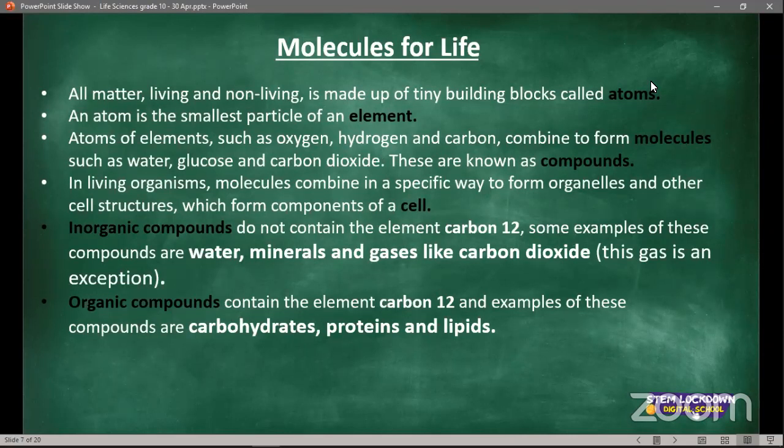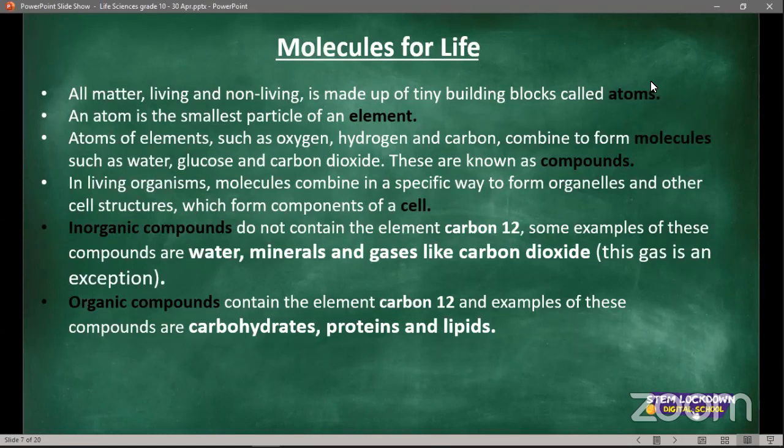Now, because we said we have compounds, there are two types of compounds that we have, and those are the inorganic compounds and organic compounds. So what are inorganic compounds? Inorganic compounds do not contain the element carbon-12.